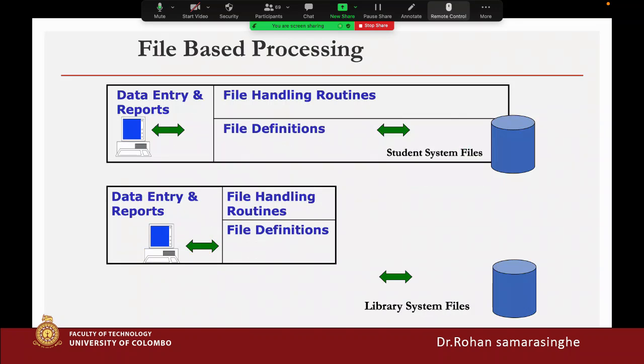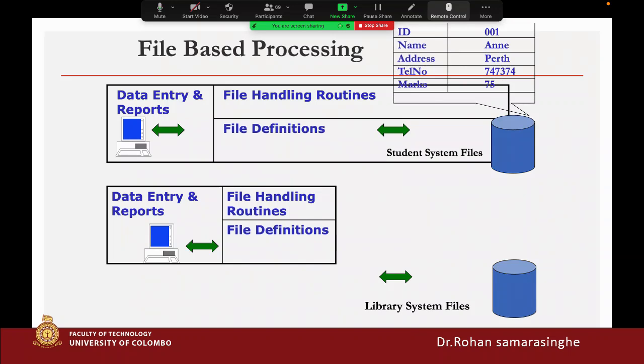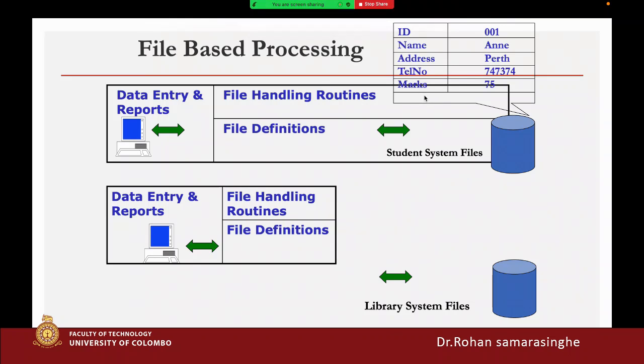The file-based processing, consider the data entry and the reports. File handling routines and file definitions are there, student system files. Normally, consider the library system files. This file has the name, address, telephone number and, for example, marks.